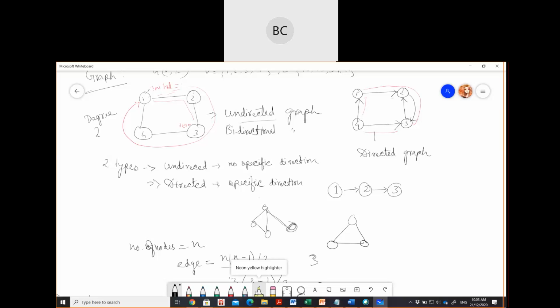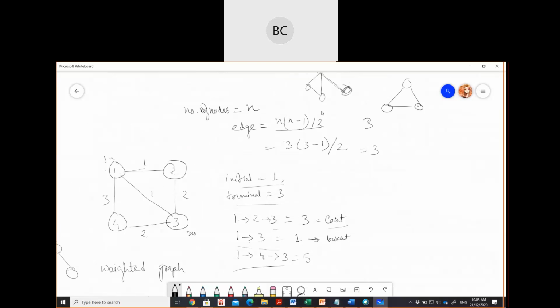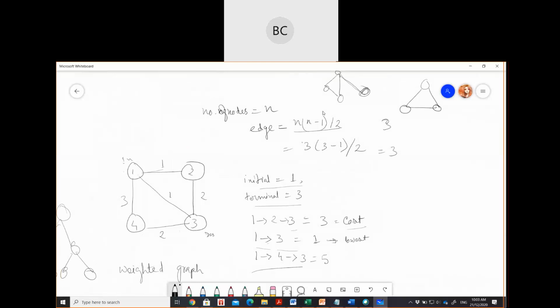That's the degree. Now in this graph, the degree of 1 will be 3. Why? There are 3 edges connected to node 1. Is this clear? What is degree of node?